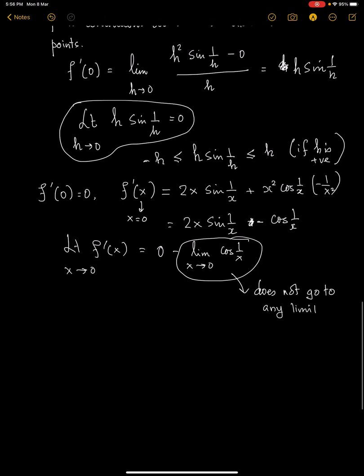Which means that f dash as a function is not continuous at x equal to 0. It's continuous at other points. So a function which is continuous on the whole interval [0, 1] is differentiable on the whole interval [0, 1], but the derivative is not continuous at x equal to 0.